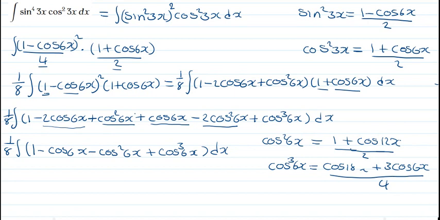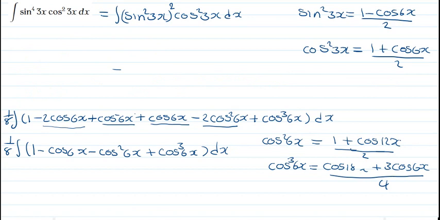Putting into the integral, we're going to have something like 1 over 8, the integral of 1 minus cos 6x, then minus, where there is cos squared 6x, we're going to replace with what we have this side, so we'll put 1 plus cos 12x, everything over 2.